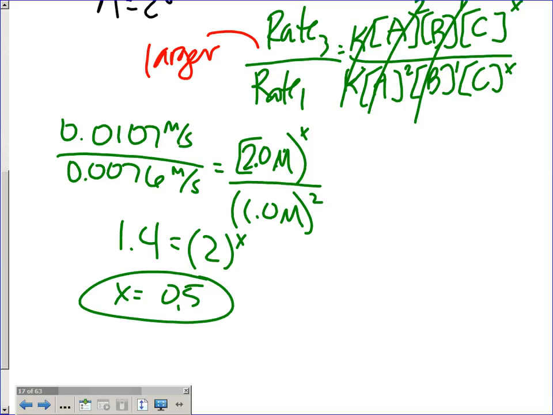Okay. I didn't get like square. Oh, that's how much you multiply. Oh, I got it.